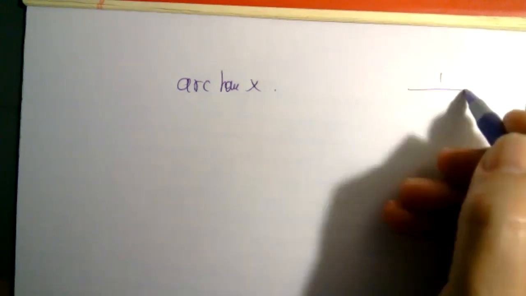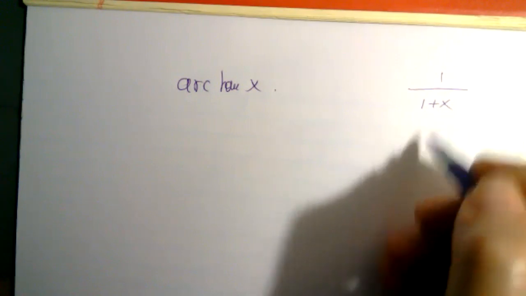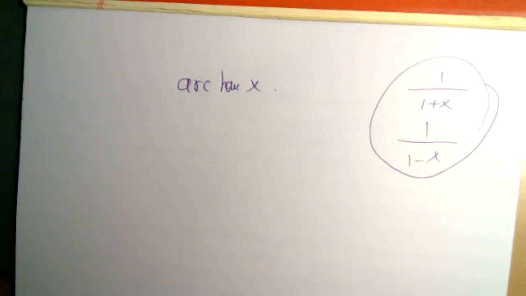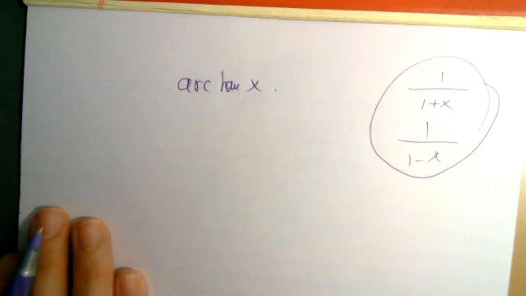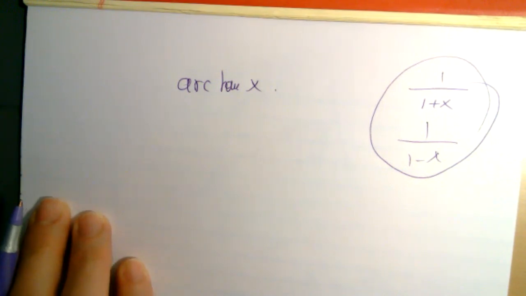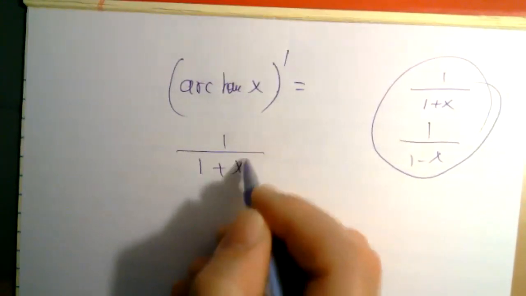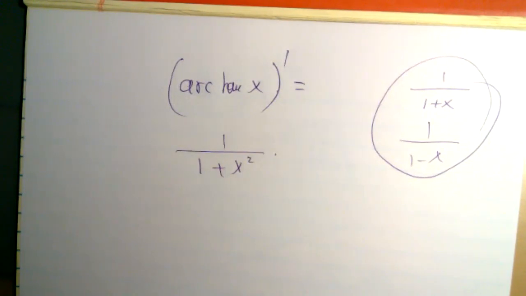How can I relate it to what we know? Somebody is telling me the derivative. So what's the derivative of arctangent? It is 1 over 1 plus x squared.